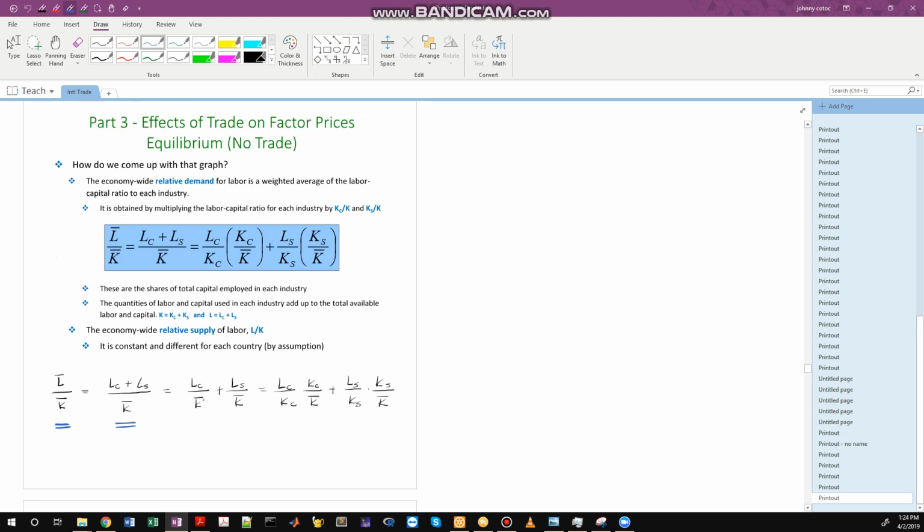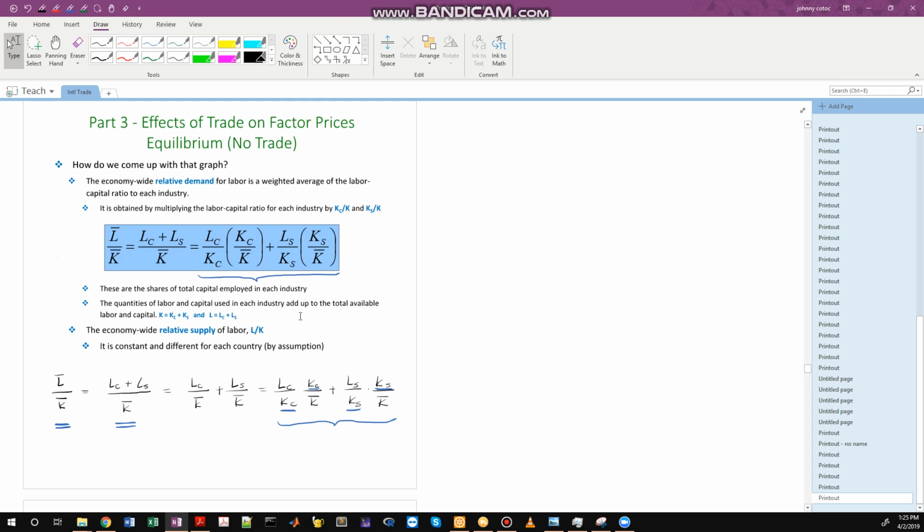The denominator is the same, so we can split them up, and then we multiply the denominator and the numerator by K over C in the first term, and by K over S in the second term. What we get is this equation here, which is the labor to capital ratio as a weighted average of the two sectors.